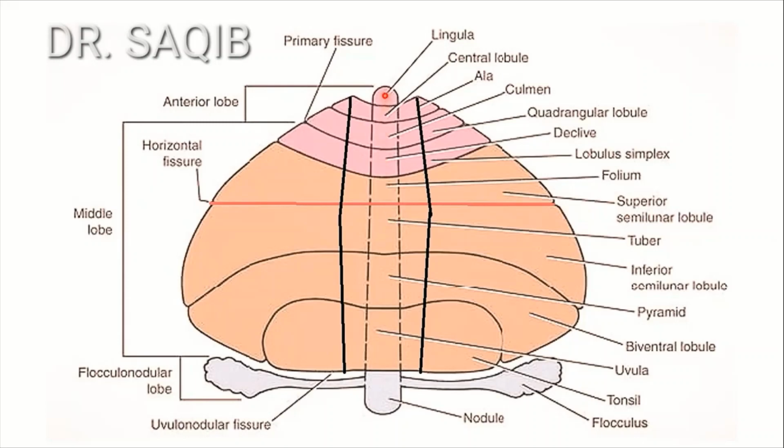This whole thing is the anterior lobe. Going on to the posterior or middle lobe, this is the tuber, and the lateral part is the inferior semilunar lobule.